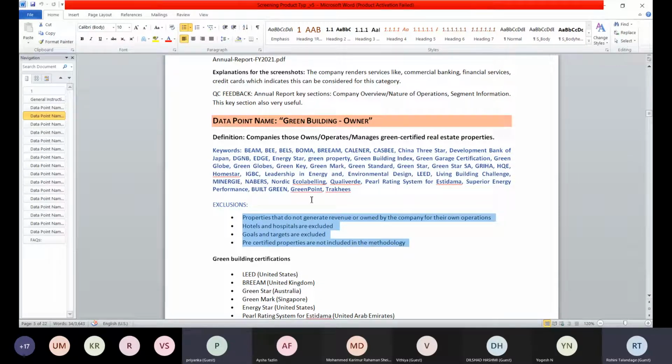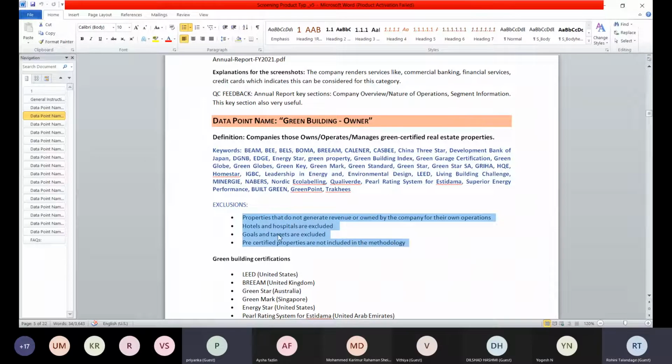Also, hotels and hospitals are excluded from this. If they say their hotels and hospitals are green buildings, we cannot include that in green building owner.